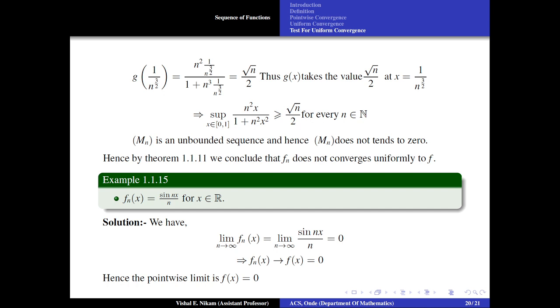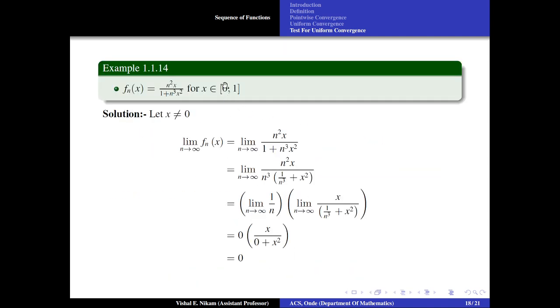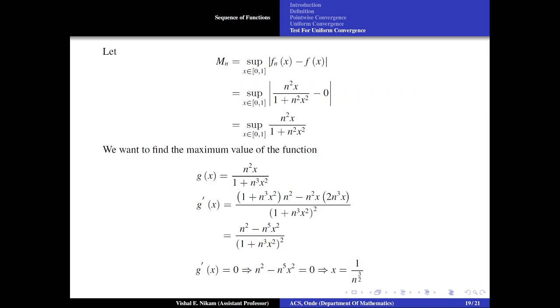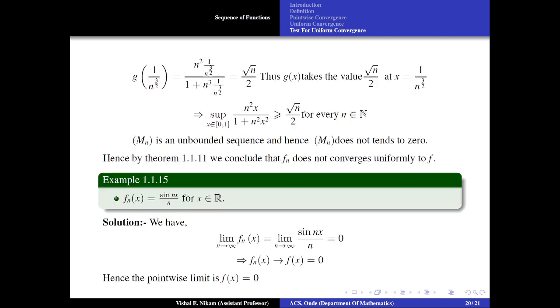Hence Mn is an unbounded sequence, and hence by the Mn test the sequence Fn does not converge uniformly to f on this domain. Now if I change the domain, there might be a possibility that the convergence may be uniform. We might decrease or increase the domain.